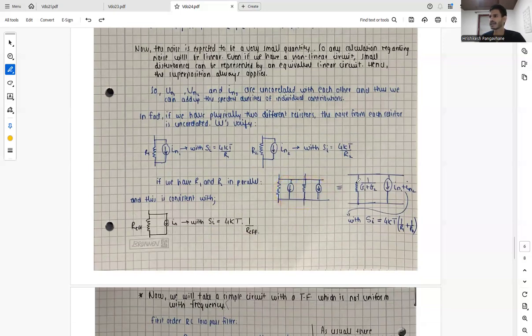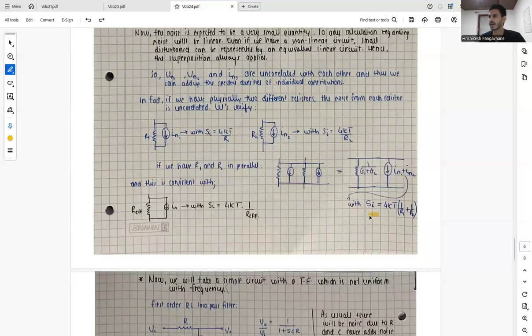And let's say two resistors in parallel will give us 1 upon R equivalent equals 1 upon R1 plus 1 upon R2. And the currents in parallel just add up. So it will just be In1 plus In2. And this will give us the spectral density of 4kT times 1 upon R1 plus 1 upon R2.